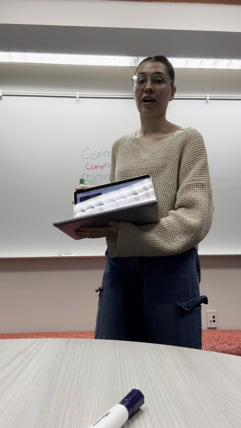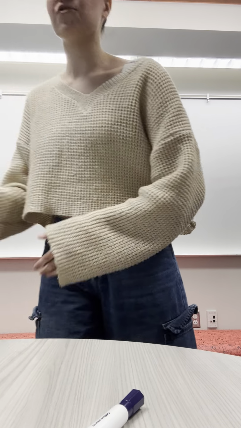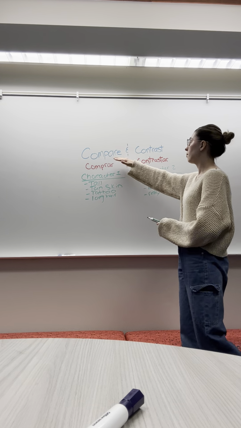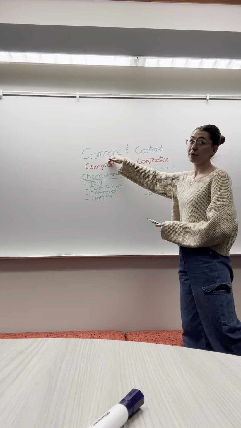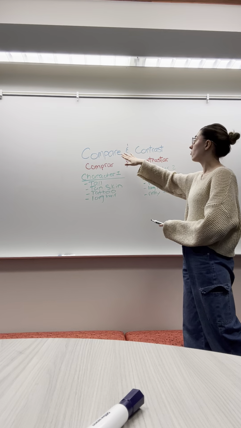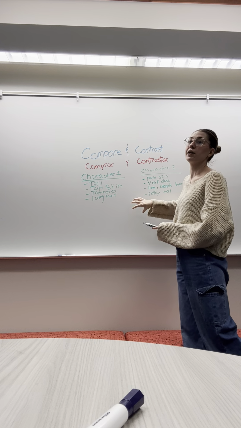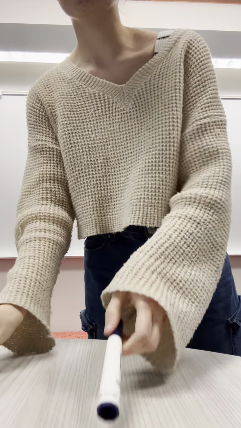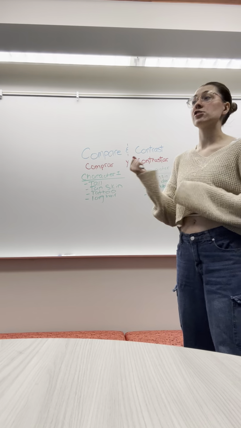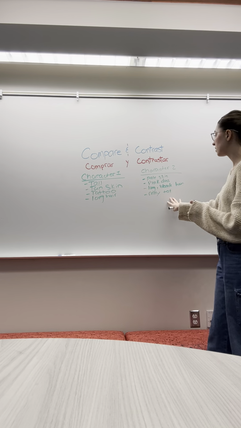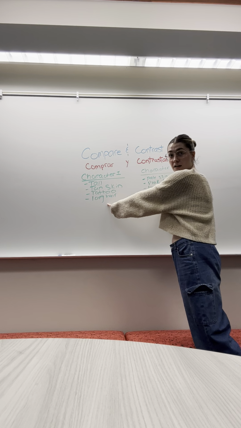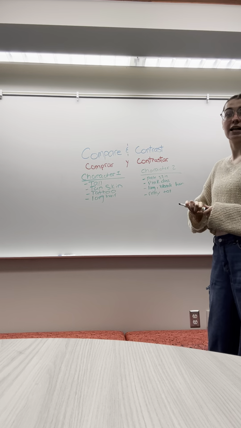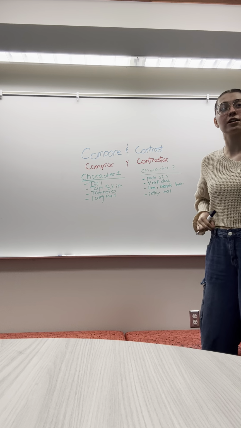So now that we have come up with a list of adjectives to describe our two characters, we are now going to talk about comparing. Yes, we're learning about comparing and contrasting, but our focus right now is the similarities. You're going to come up with a list of things that you notice between our two characters that are similar, and I will put the list right here. Can you think of anything that is similar about these two characters?